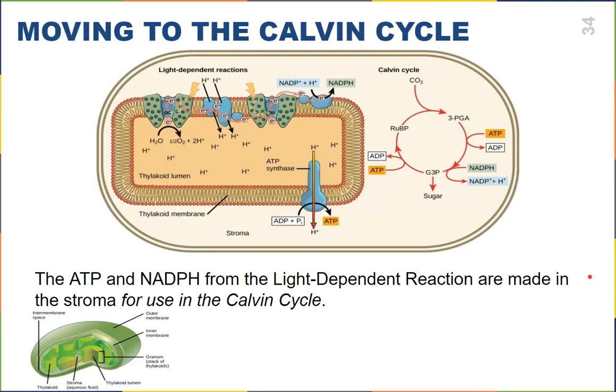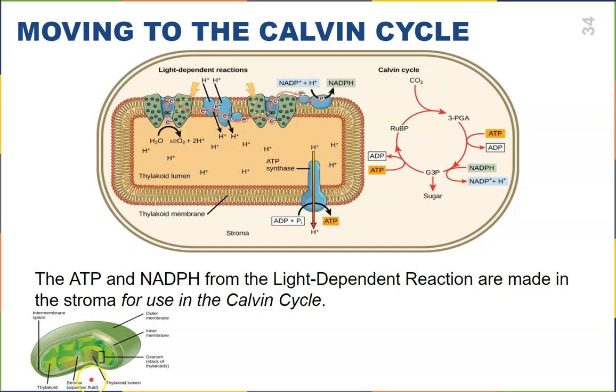The Calvin cycle takes place in the empty space inside of a thylakoid. Or inside of the chloroplast, sorry, I probably just confused you. Chloroplast, correct. A thylakoid is a pancake. The empty space outside of these thylakoids is called the stroma.